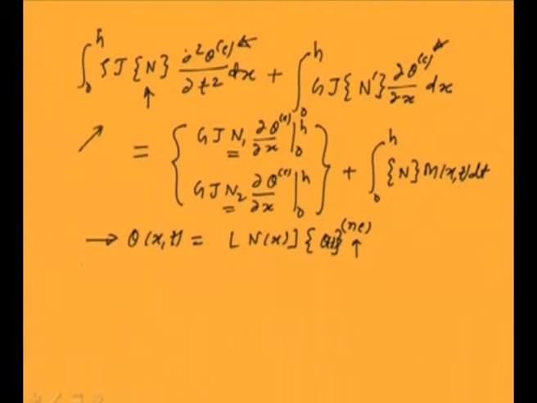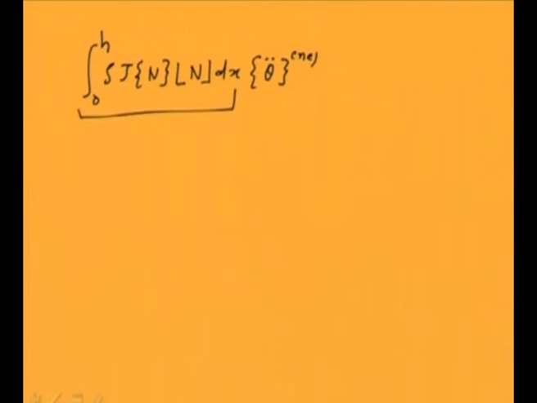So we will get, here we have taken out the theta double dot, the nodal vector, which is independent of x, out of this integral. Then we have N prime, which represents the derivative with respect to x.